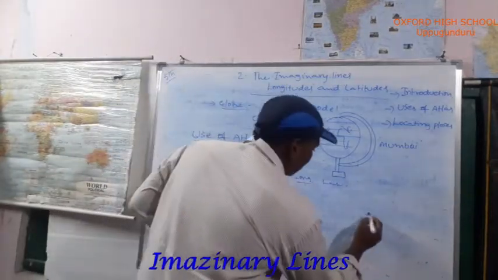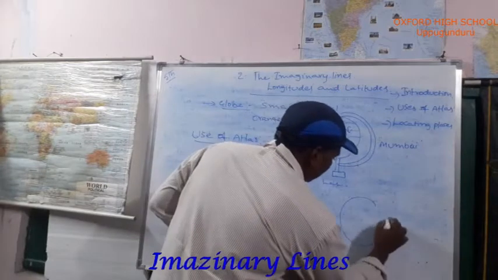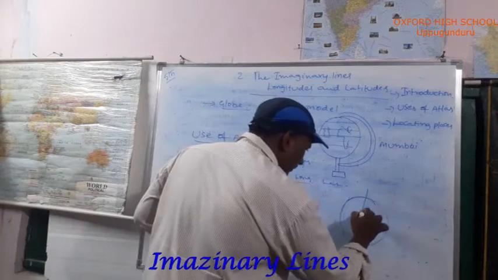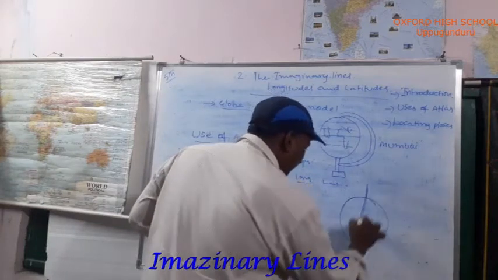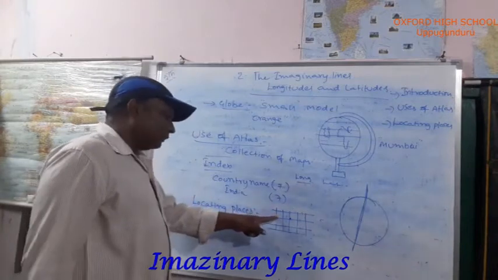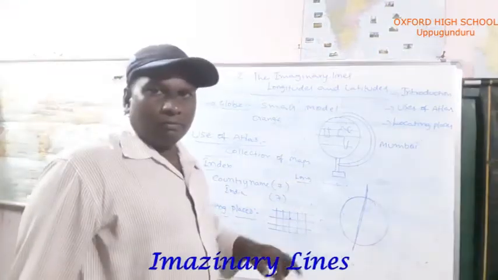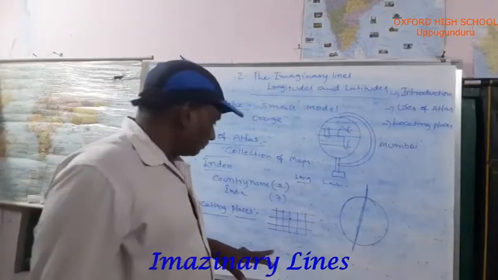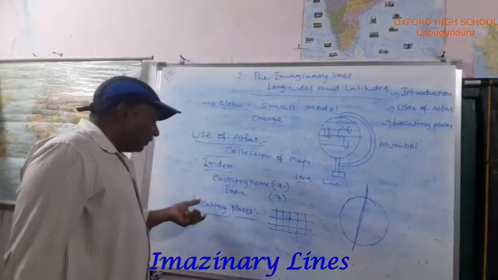If you see the earth, one imaginary line passes through the middle of the earth. These longitudes and latitudes are also imaginary lines. So, how will we locate a place?